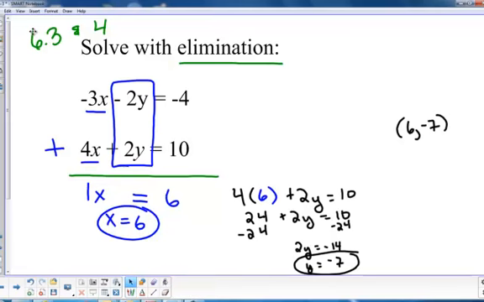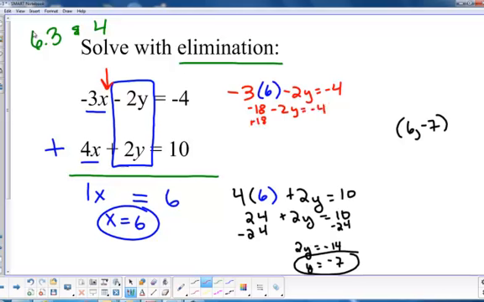Now, we could take that 6 and also plug it into the top one just to make sure we did it right, to make sure we're getting the same answer. So if we do that, we're going to plug a 6 in for x. This is just rechecking ourselves. So we've got negative 18.